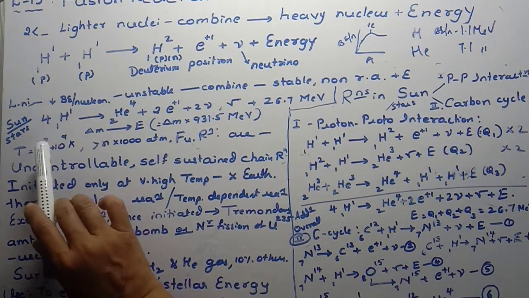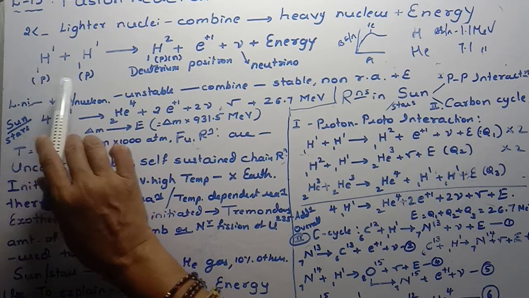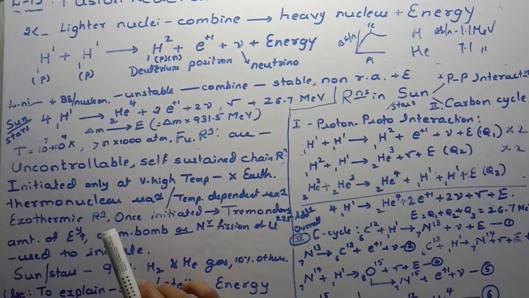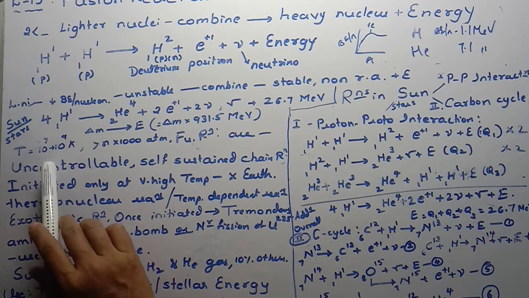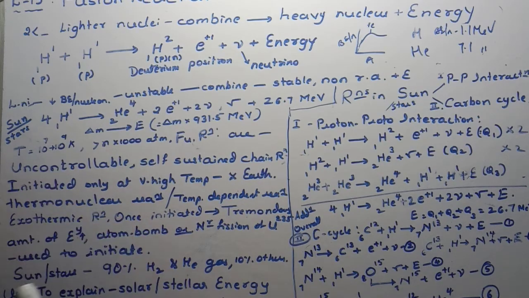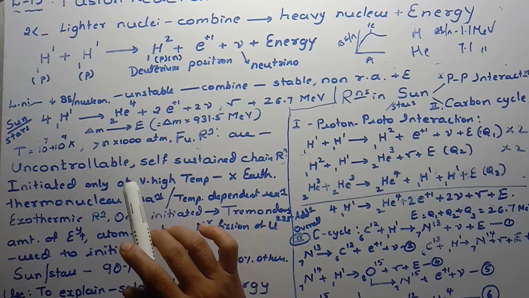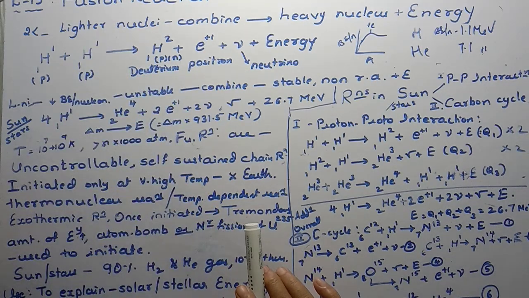Okay, so to initiate such reactions, very high temperature is required, in the range of 10 raised to 7 to 10 raised to 9. But it is very difficult to achieve on earth. But even then, with high security and in many different ways, scientists are trying to use this principle in the preparation of the hydrogen bomb.